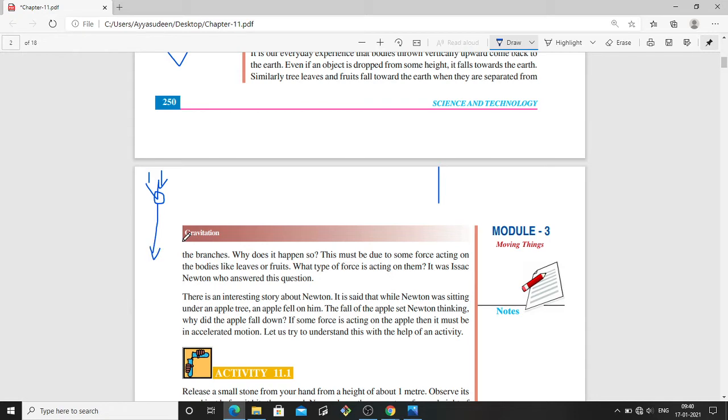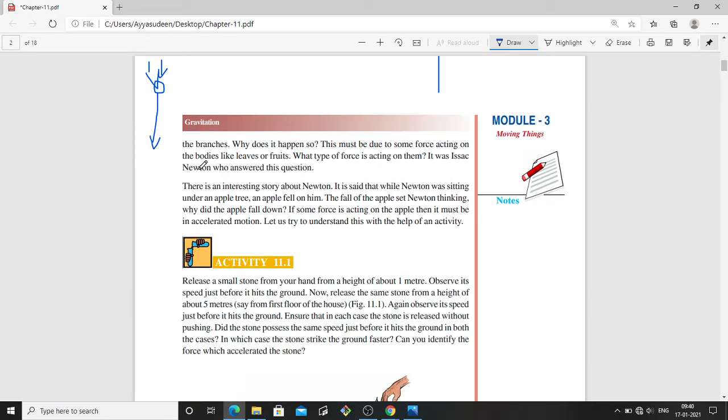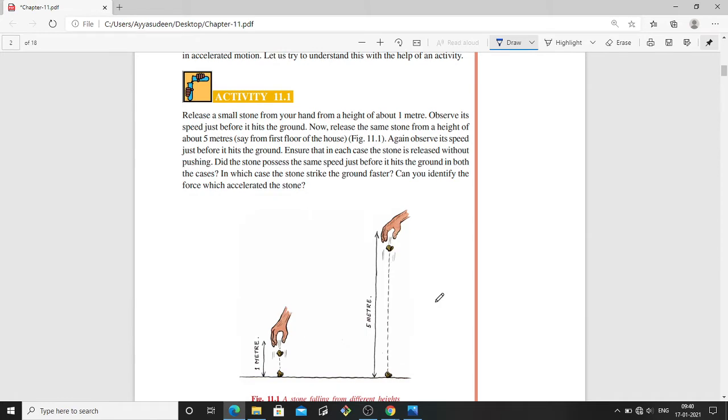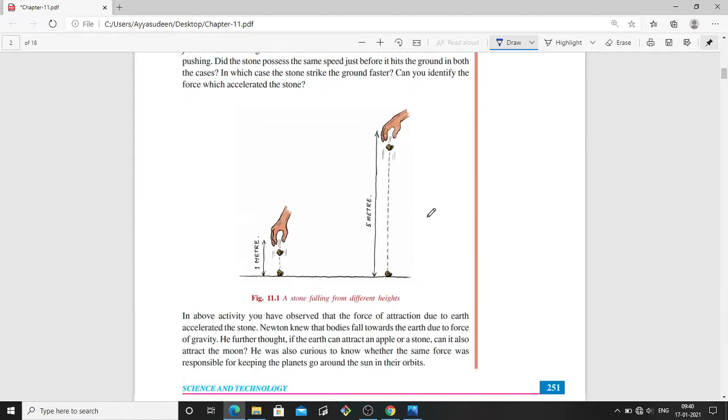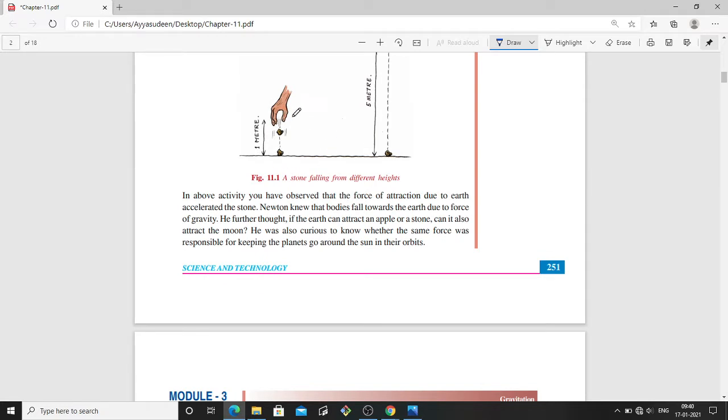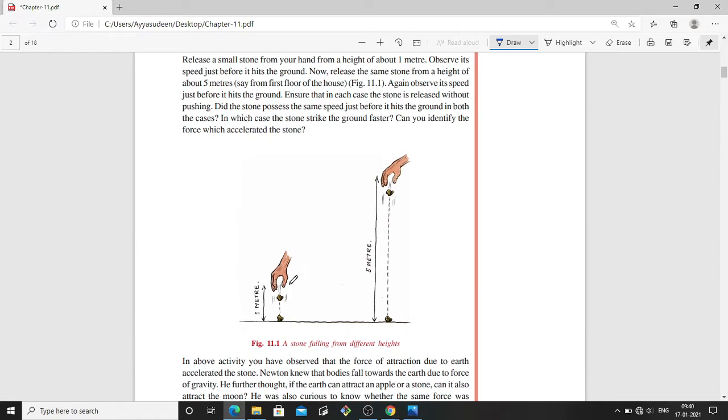Newton was the one who first discovered gravity. He said that there is a force that makes these things fall towards the earth. For example, they have given an activity here. You can read about this and understand. A stone is dropped from a height, and then a stone of the same weight is dropped from a different height.